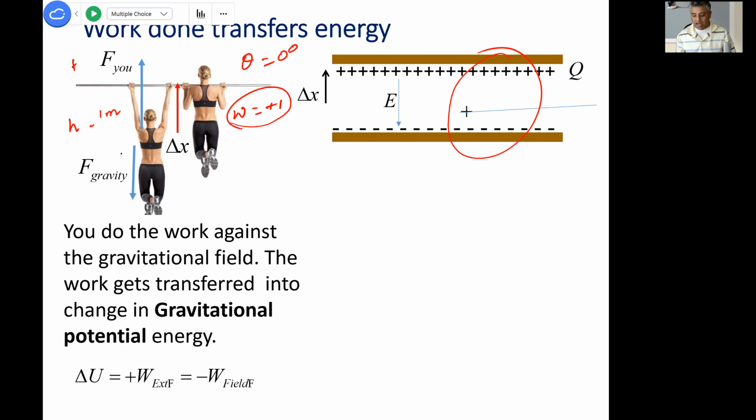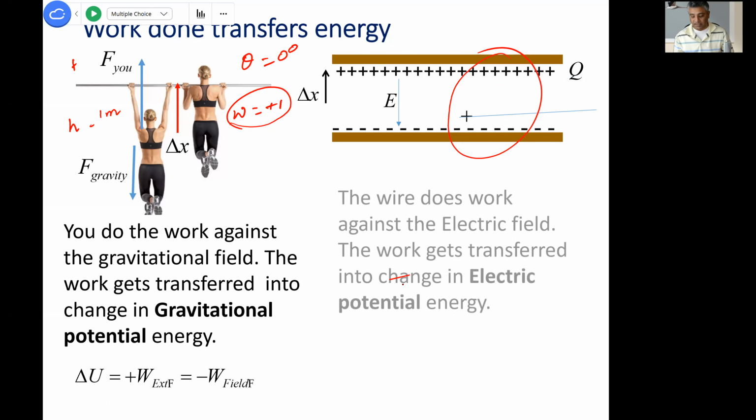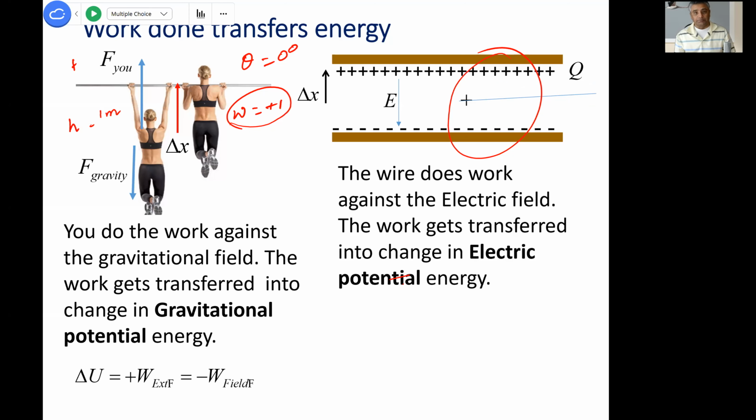So now, how do we apply that in the electric field case? It's the same idea. Work done by E, how do we calculate that? We write the force due to the electric field times the displacement times the cosine of the angle between them. What is the force due to electric field E?